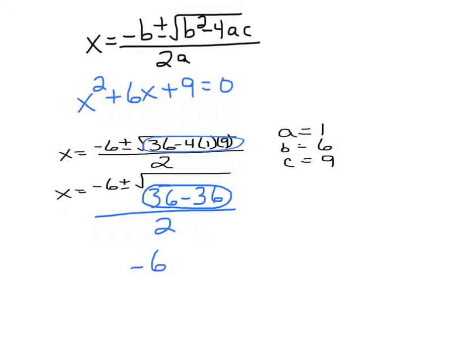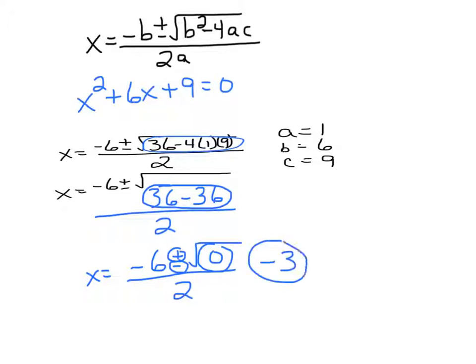So what I have is x is equal to negative 6 plus or minus the square root of 0 all over 2. Because this is equal to 0, it doesn't matter if I add or subtract, I'm going to be getting the same thing. Negative 6 over 2 gives me negative 3. So the answer to this is x is equal to negative 3, but I only have one solution for it.